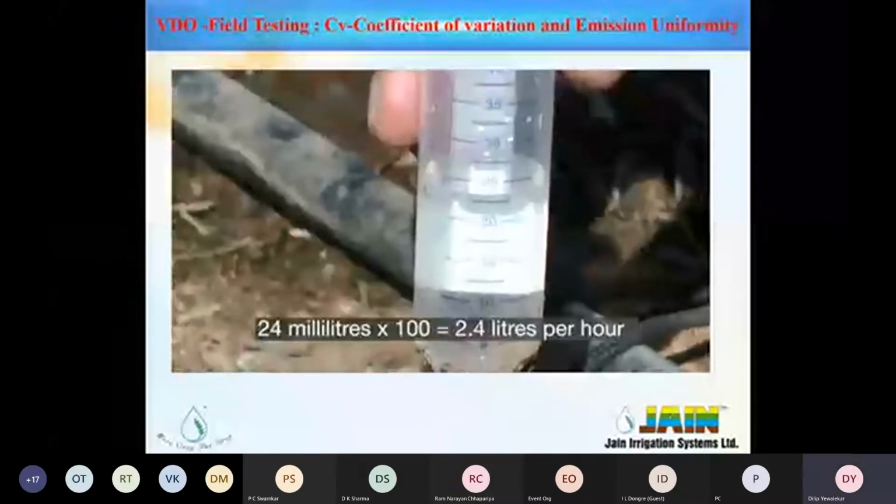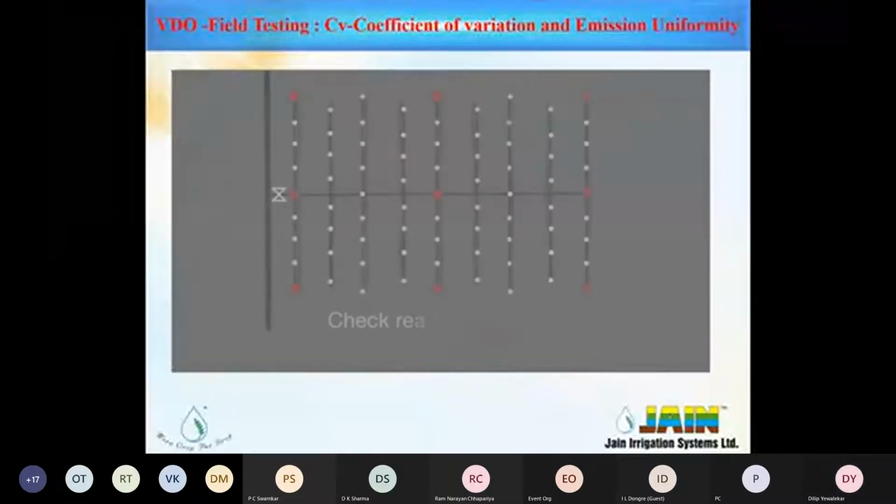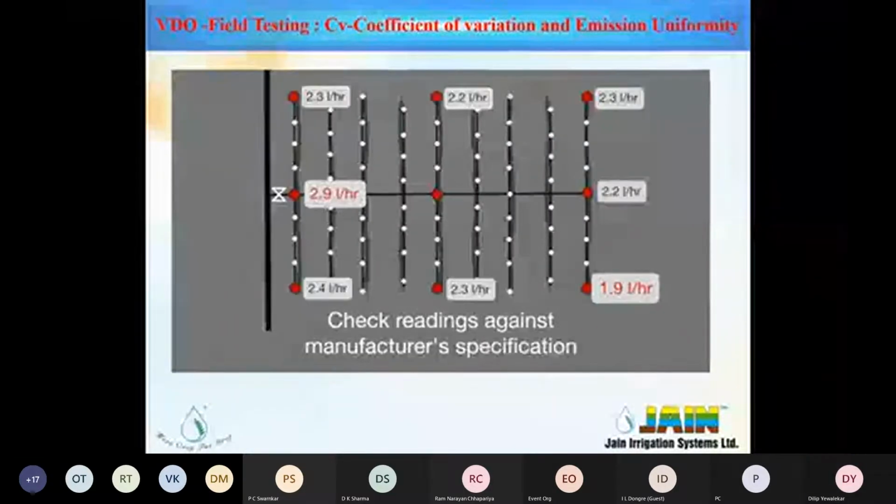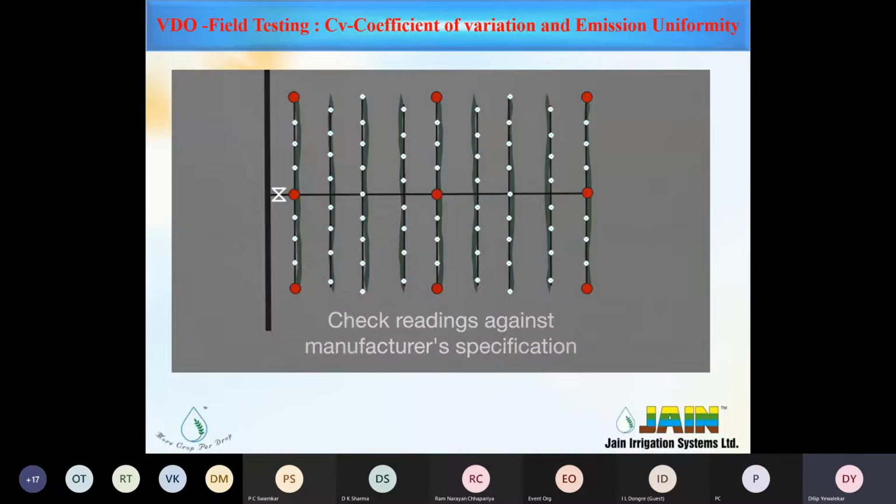Say 2.4 liters per hour, and he's checking the reading at all the corners of the entire farm.